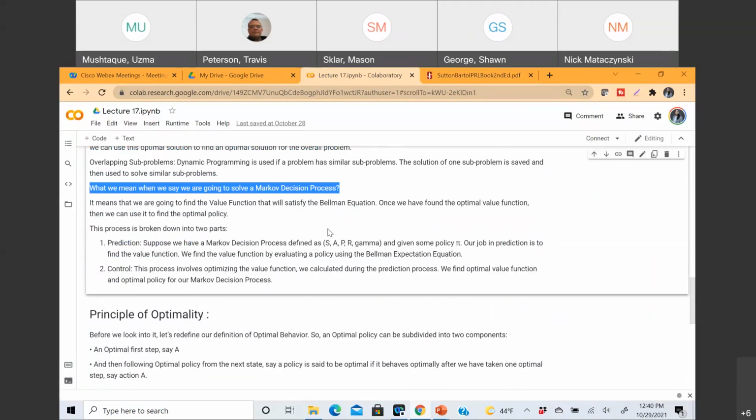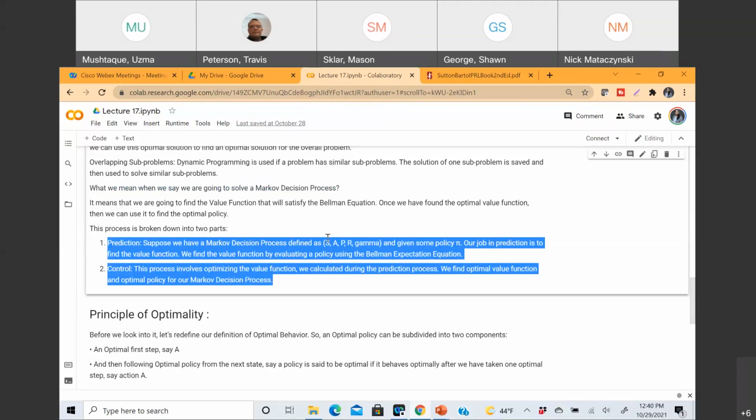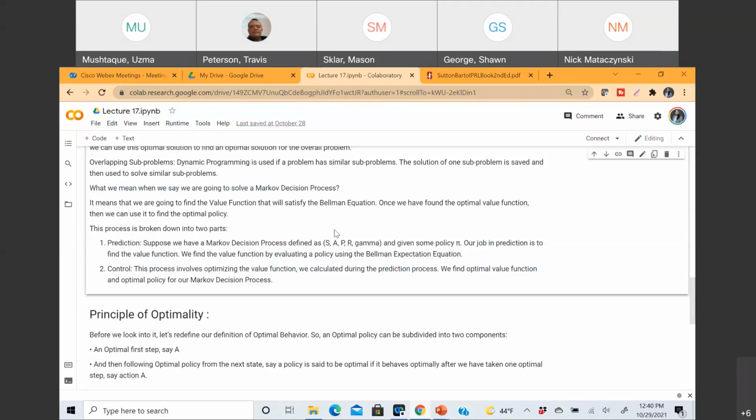And once I've found the optimal value function, I can use it to find the optimal policy, right? I define the optimal policy as the one that has the maximum value anyway, so they're in some ways saying the same thing. When I'm solving for an MDP, I can break it down into two parts: the first one is prediction, and the second one is control.